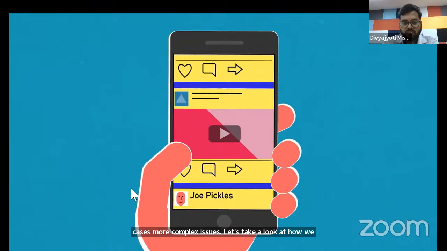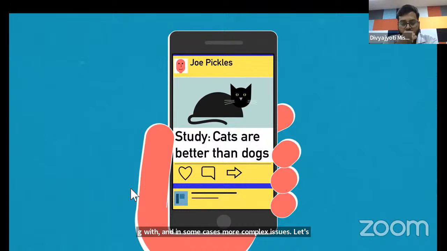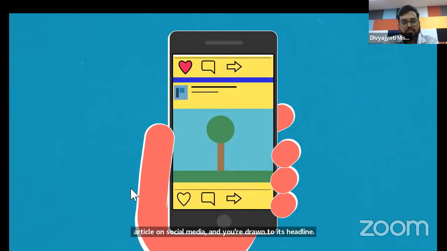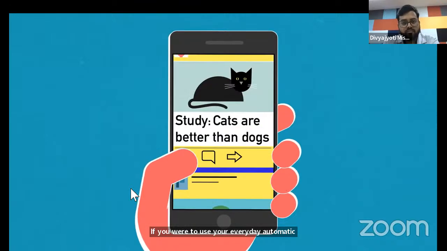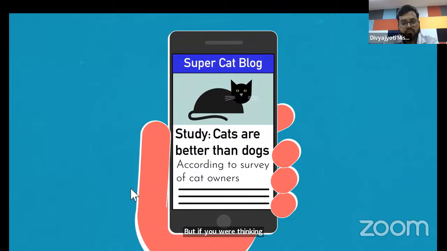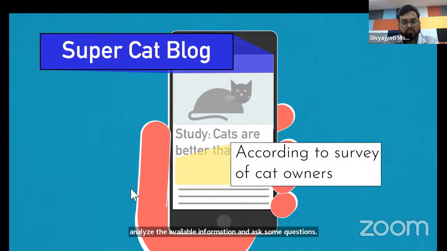Say a friend of yours posts a news article on social media and you're drawn to its headline. If you were to use your everyday automatic thinking, you might accept it as fact and move on. But if you were thinking critically, you would first analyze the available information and ask some questions. What's the source of this article? Is the headline potentially misleading?